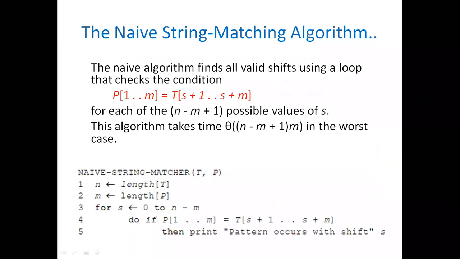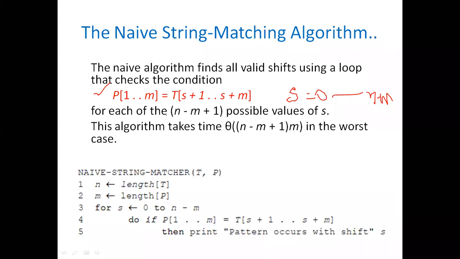The naive algorithm finds all valid shifts using a loop that checks the condition P[1..m] equal to T[s+1..s+m]. What is the value of s? s will be 0 to n minus m.